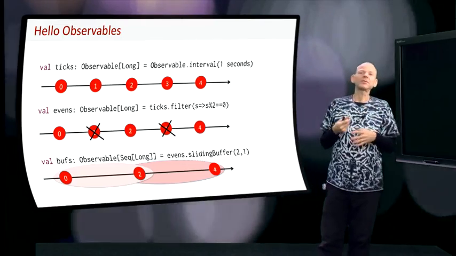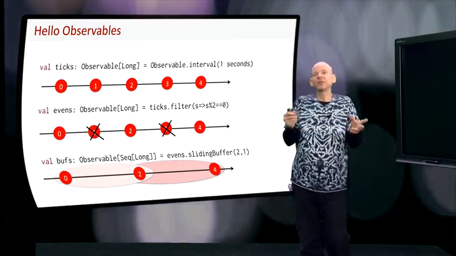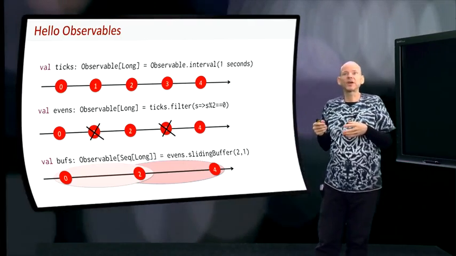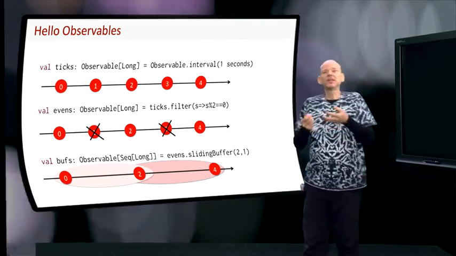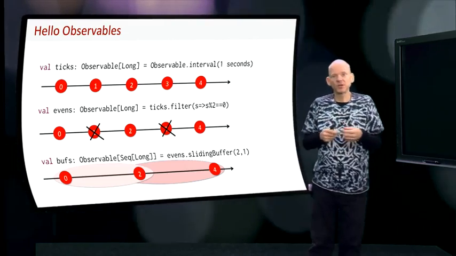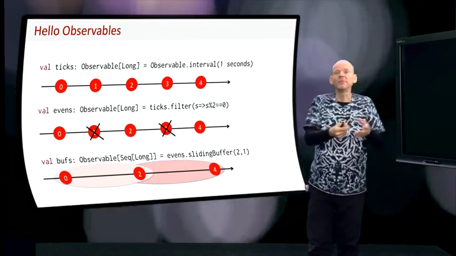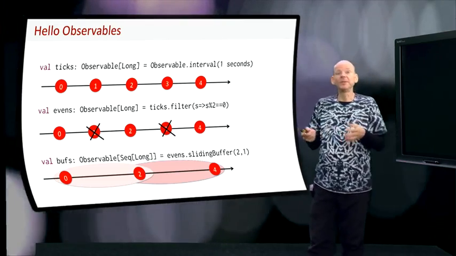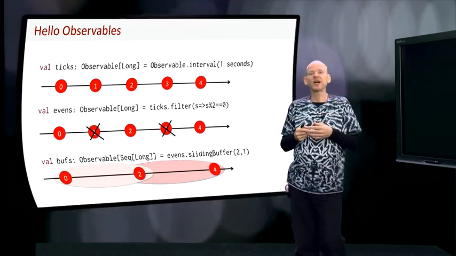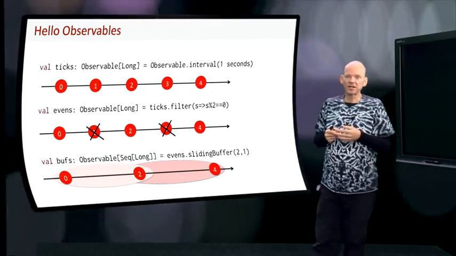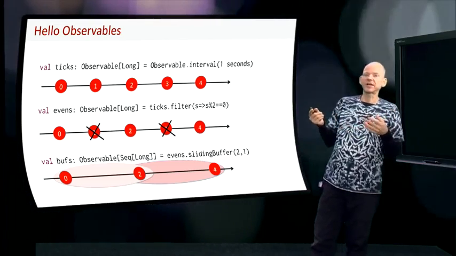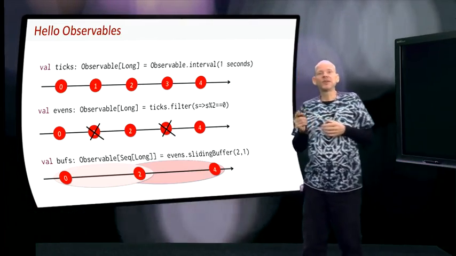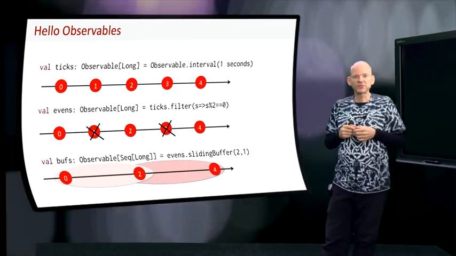Now, notice that what 1 second means is completely abstract. In particular, Rx has the notion of virtual time, and in this case, 1 second corresponds to 1 second on wall clock time, but it doesn't have to be like that at all. Now the next thing is we're going to filter out all the ticks that are even. We just use the regular filter, passing it a predicate, and that will drop out all the odd numbers from the stream.